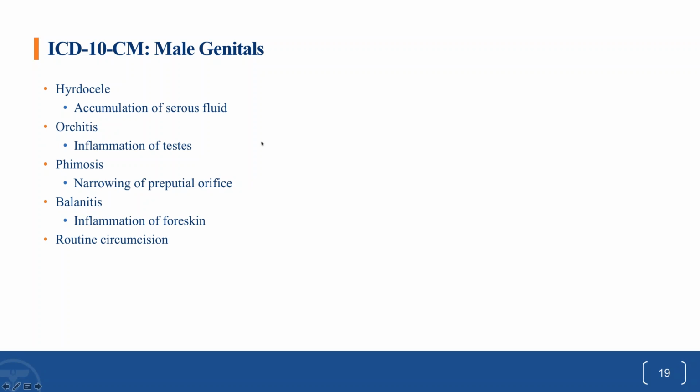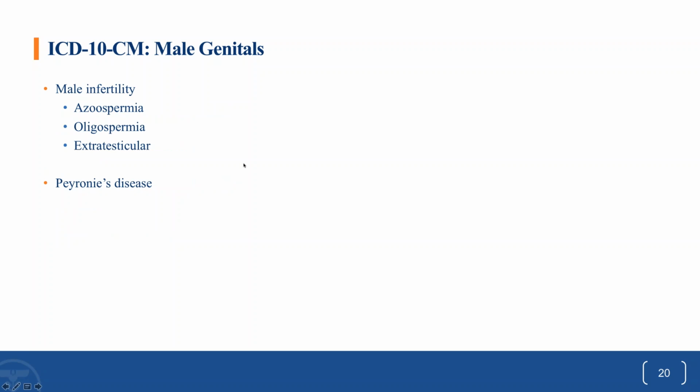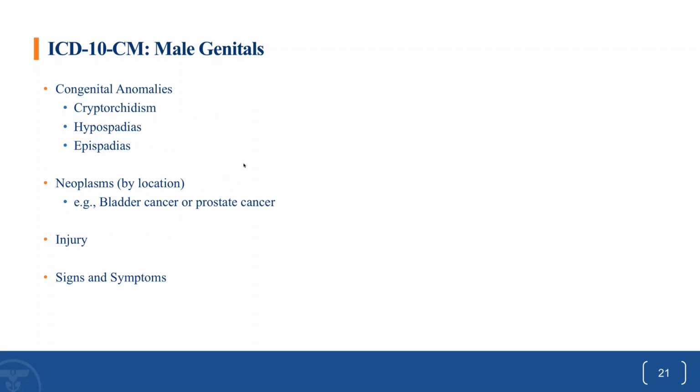Make sure that you are also reading the corresponding chapters. Remember, you do have your textbooks, which will further describe the conditions that are listed here. Okay. So there's some of the common diseases.